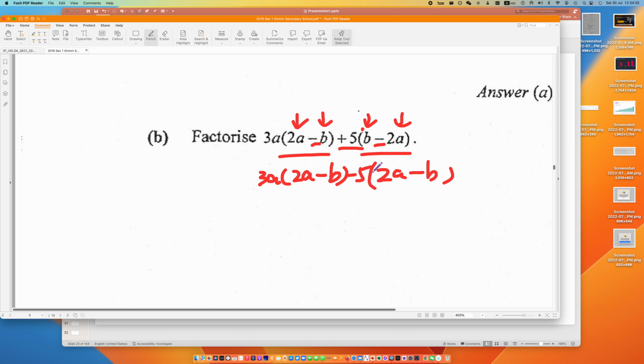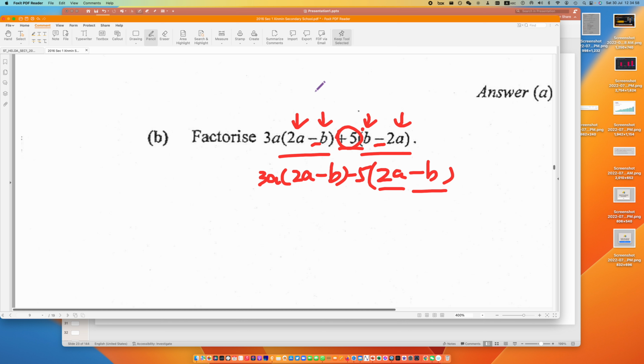Understand or not? So from today onward, you basically just do it this way. Then you don't have to do so many things. So if the difference is positional, what you do next time is change the position. Then instead of plus 5, because you change the position, you change the sign.